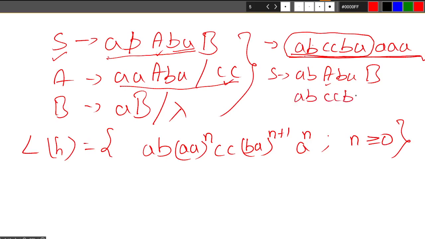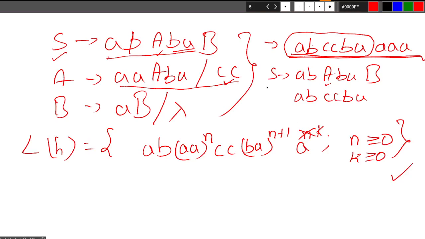CC, BA, A to the power M. Another variable. Suppose K is greater than or equal to 0, and M is also greater than or equal to 0. Is it accepted? Yes, this is a possibility.